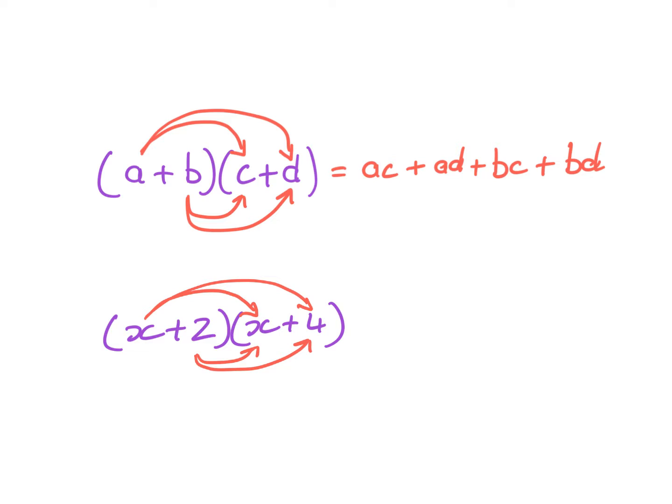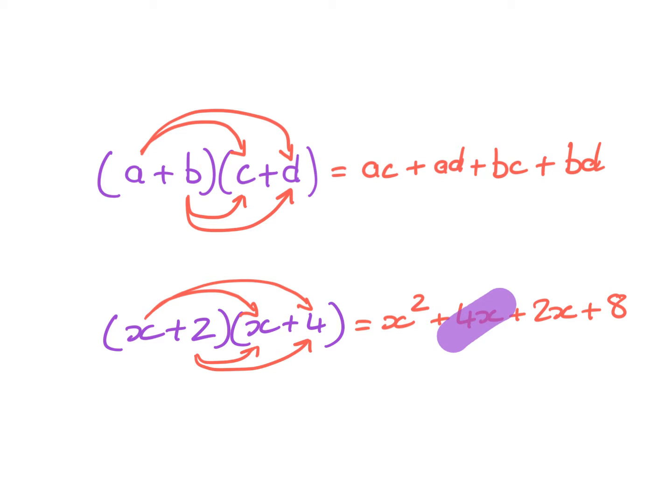And it would look something like this. X multiplied by x is x squared. X multiplied by 4 is plus 4x. Now we're finished with that, so now we go to the 2, so 2 multiplied by x is positive 2x, and 2 multiplied by 4 is 8.